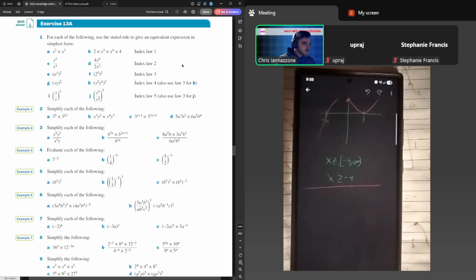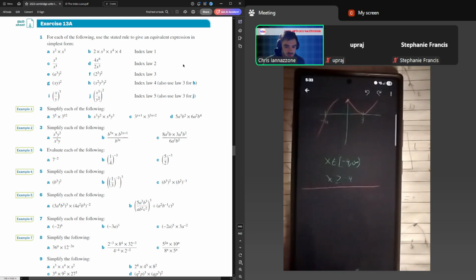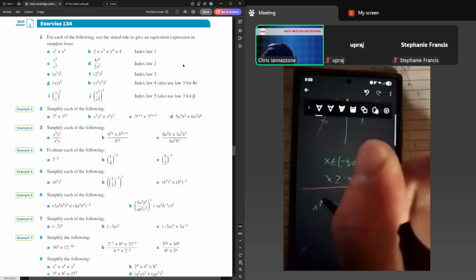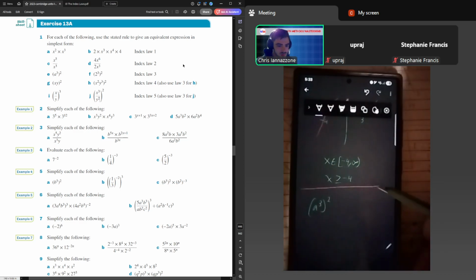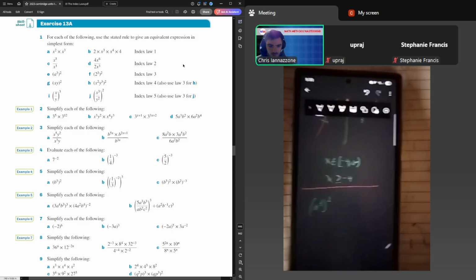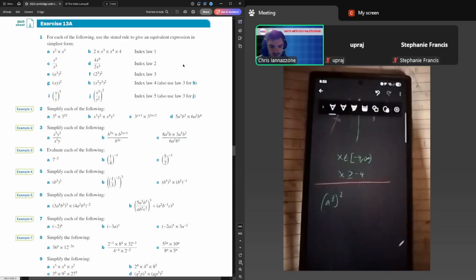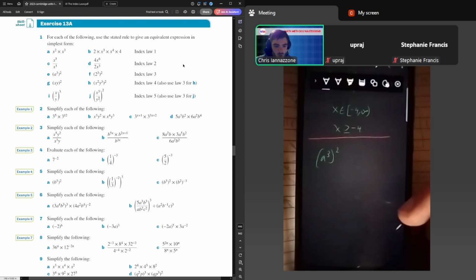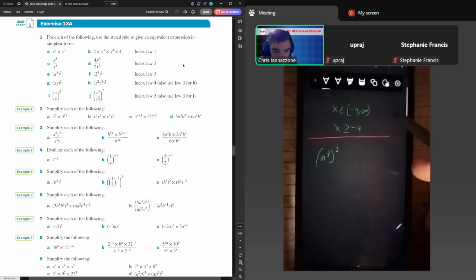So if we look at 1E over there, we have what I refer to as cascaded powers, or basically we have a term that is raised to a power that is then raised to another power. In this case, we have a to the power of 3, and then that is also raised to the power of 2. When you have this scenario of cascaded powers, you can simplify the result by multiplying the two powers involved.